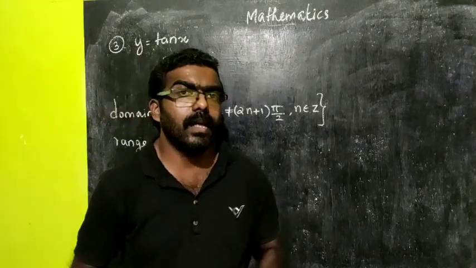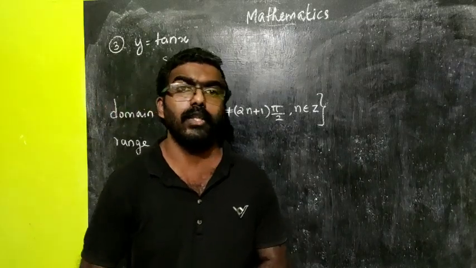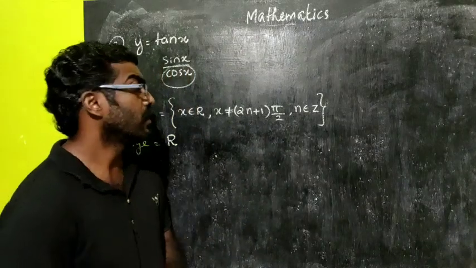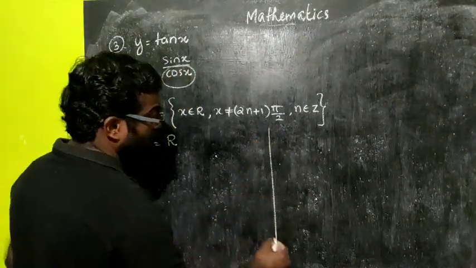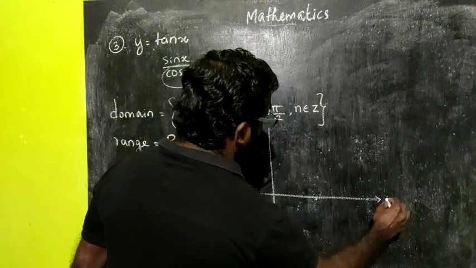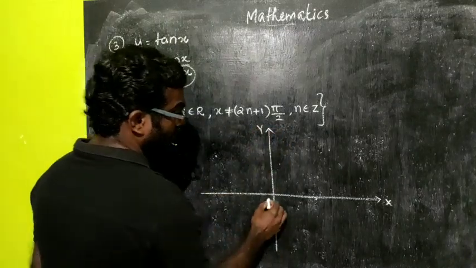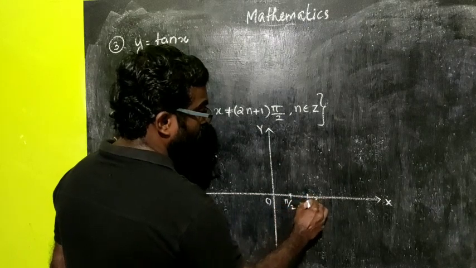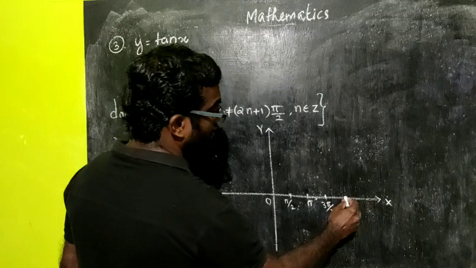So while drawing the graph of the trigonometric function tan x, we have to restrict the domain. Then only we can draw the graph. So for that, I am drawing the x-axis and y-axis as in the previous cases. Here x, y, then 0, pi by 2, pi, 3 pi by 2 and 2 pi.